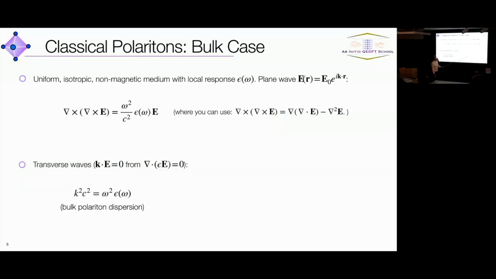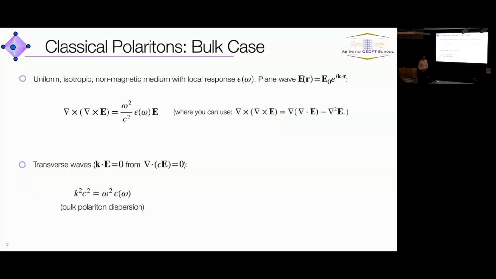And so that means that you can remove this term from the equation, and you're left with this one only: the Laplacian of E equal to omega squared divided by c squared epsilon E. Now, if you Fourier transform that expression, the Laplacian of E will bring down a k squared.